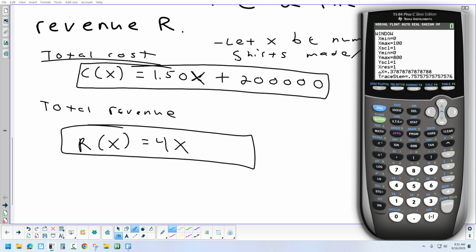And how about y min? What would be a good minimum for that? 0. Yeah, you can't have negative cost and you cannot have negative revenue. You can have negative profit, but neither one of these formulas would ever give you a negative number if x is 0 or higher. And what about our y max? 200,100.